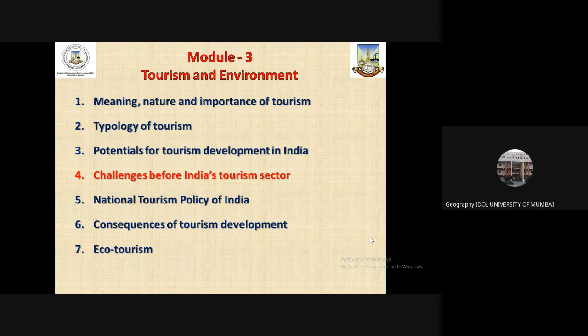And we have also discussed various potentials for tourism development in India, particularly the natural potentials and socio-cultural and historical potentials of India for tourism development. Today we'll be talking about challenges before India's tourism sector, and if time permits, we will also discuss the national tourism policy of India.